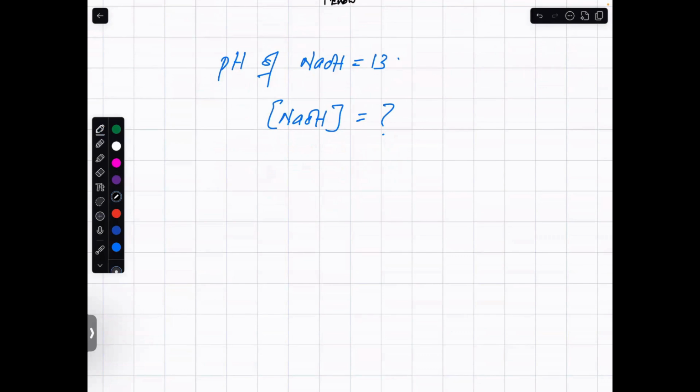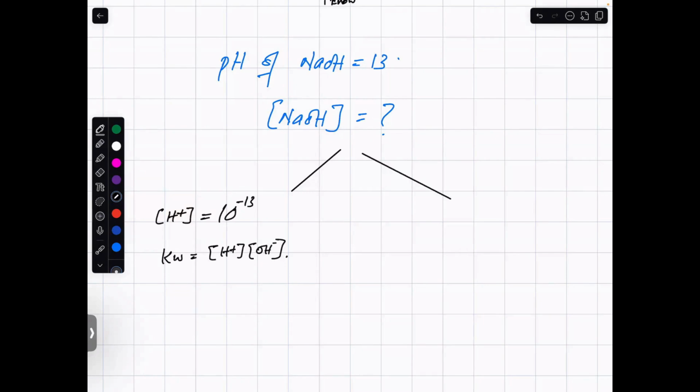We have two methods. Look, with one method, I know pH, so I will get H plus. How much is the H plus? 10 power minus 13 is the H plus. I know that Kw is H plus multiplied by OH. The Kw is this much at 25, minus 14.